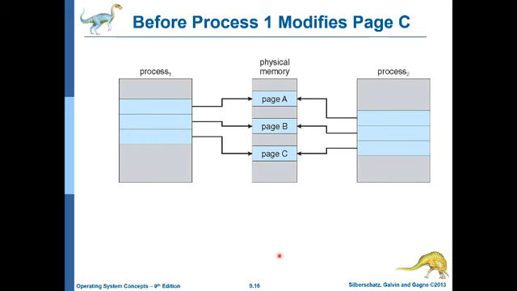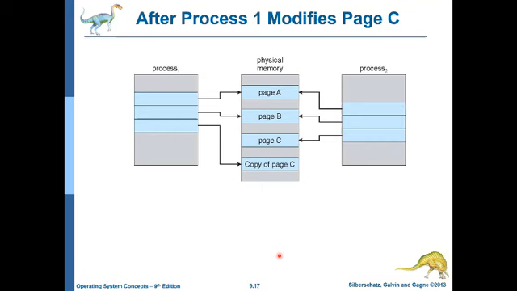Now in this diagram, we assume that process 1 wants to modify page C. Before modification, process 1 and process 2 both have access to the same page C. But if process 1 modifies page C, we will first create a copy of page C, and then process 1 can modify the copy without affecting the original.